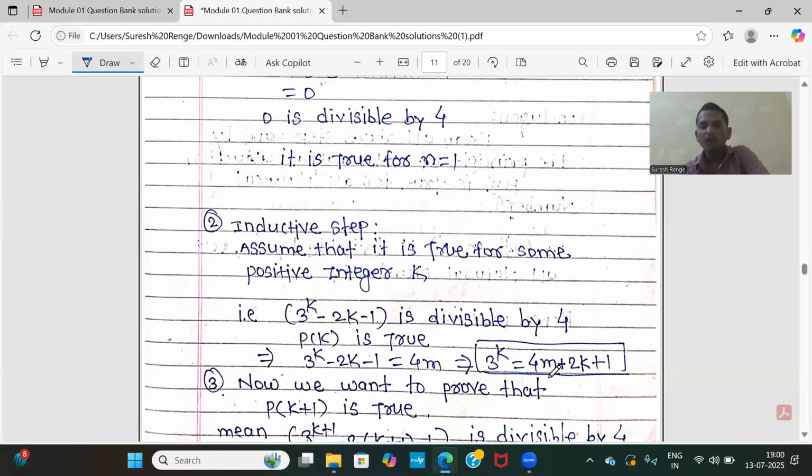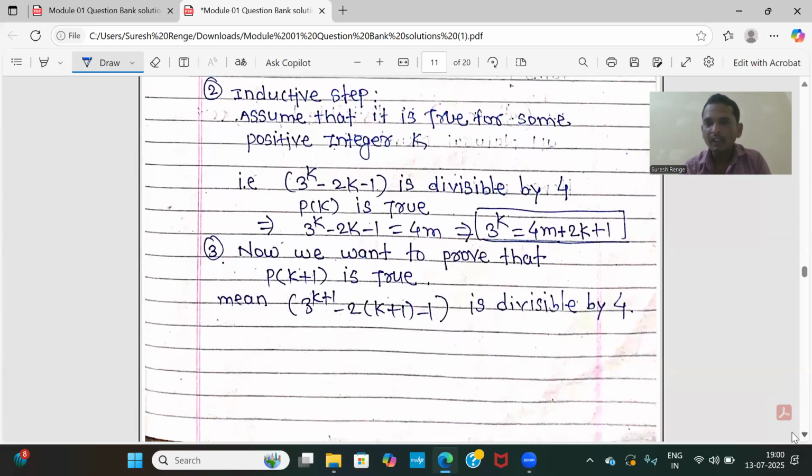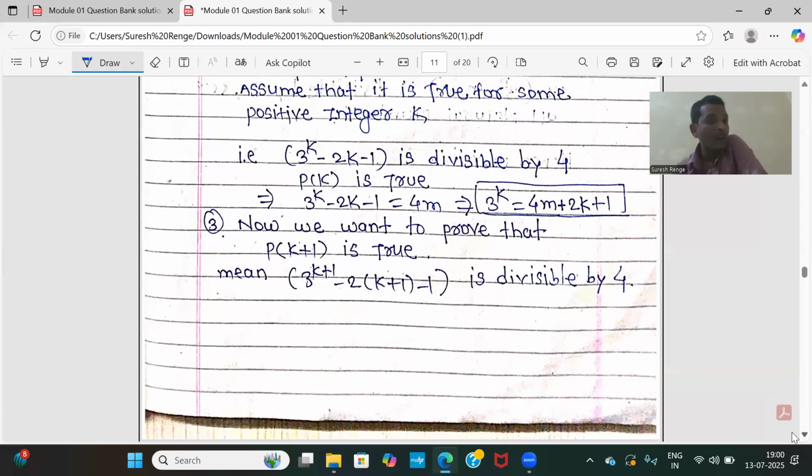So the value of 3 raised to power k is 4m plus 2k plus 1. This is the value we get from the assumption in the second step.